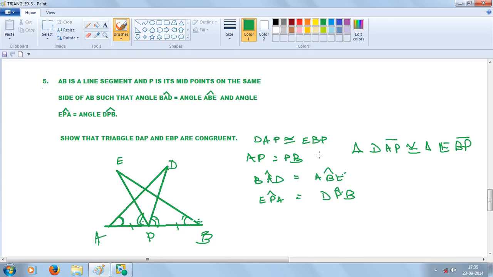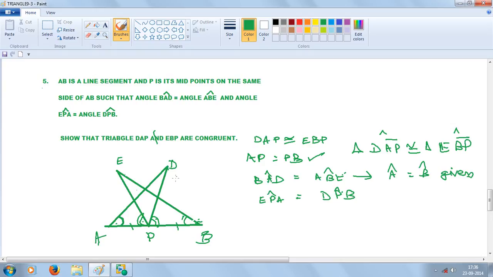This is given. Next, angle BAD: angle A is equal to angle B. To be very precise, this is given.